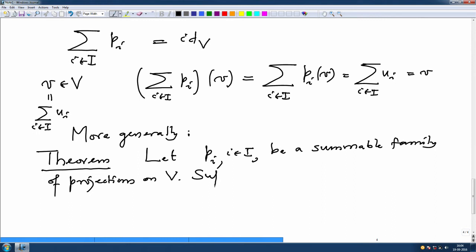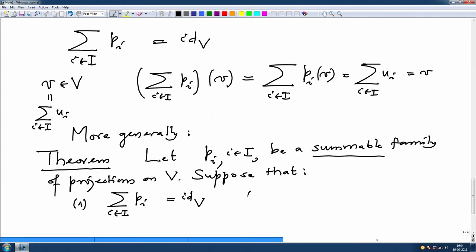First, the summation of Pi, i in I, this sum operator, should be the identity operator. It is summable, therefore this sum makes sense, and we are demanding that the sum of this family is nothing but the identity operator. And the second condition is Pi compose Pj is 0 if i and j are different indices.